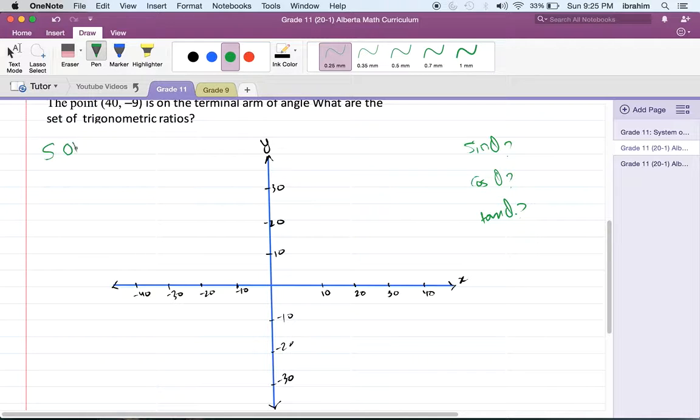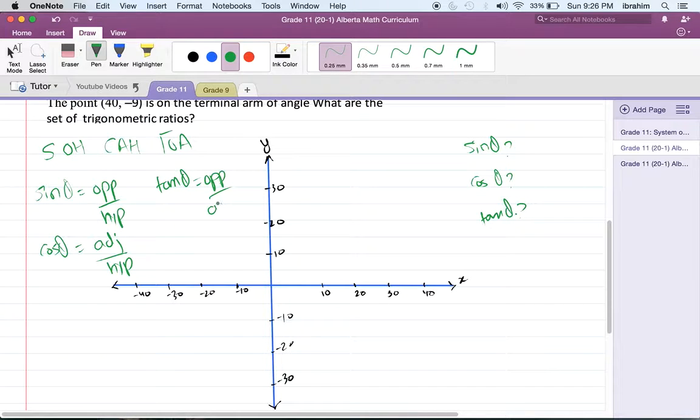So SOHCAHTOA basically stands for sine theta is equal to opposite over hypotenuse, cosine theta is equal to adjacent over hypotenuse, and finally tan theta is equal to opposite over adjacent.